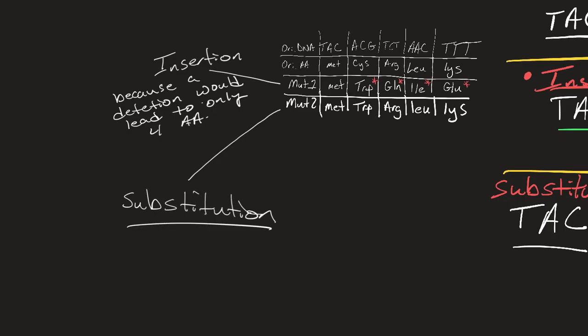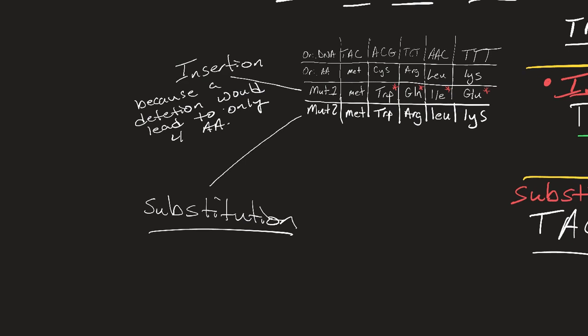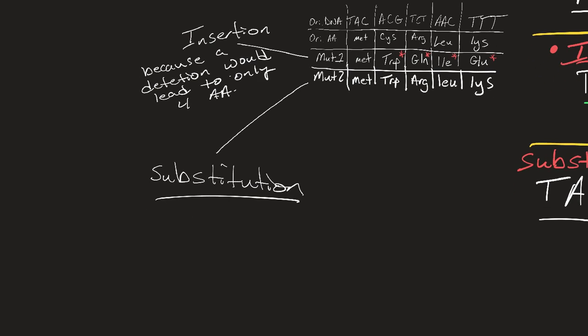because there's no change. Well, one of the things that can happen if you substitute, it's very hard for this to happen if it's an insertion or a deletion. In fact, I would argue it's statistically impossible. When you have a substitution, it could be silent. So we call it a silent mutation.